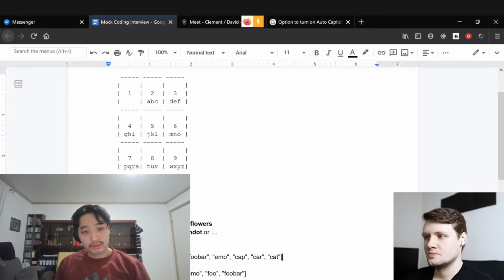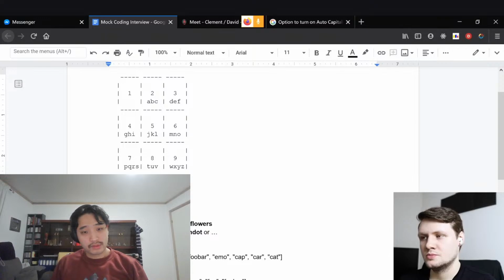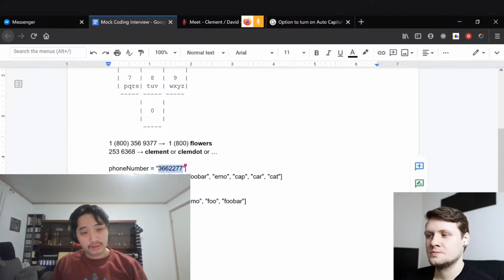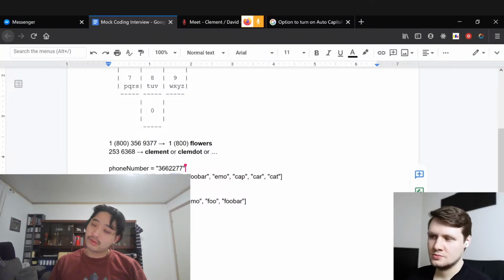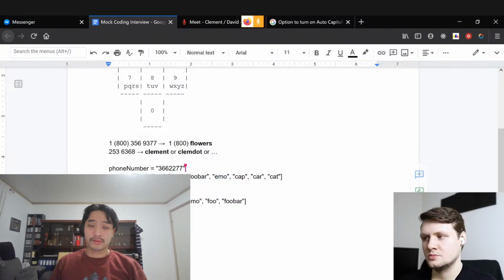So instead of looking for these words, for each word I have, like foo, I could turn it into 366. Now I want to see, does 366 occur anywhere as any substring in this? So that might be helpful. And then I can do this for each word. So for each word in the order size of input, I can look through each of those.